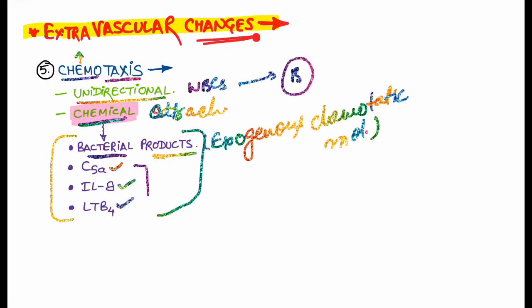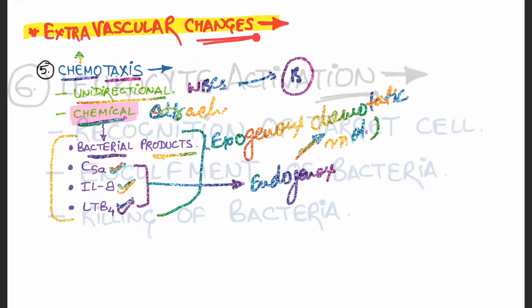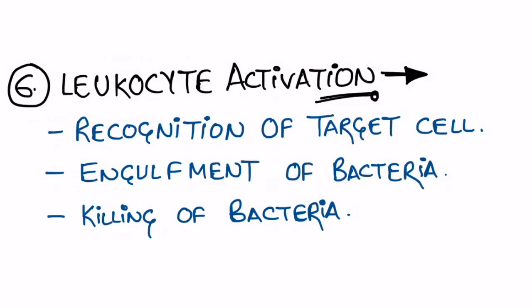And these three, complement protein C5a, interleukin 8 and leukotriene B4, are endogenous chemotactic molecules. And whenever our neutrophils or leukocytes are going to attack the bacteria, this process is called leukocyte activation.